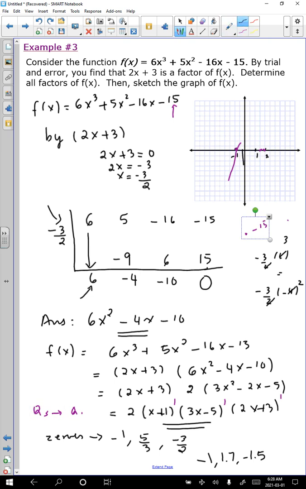So it's going to go down to negative 15, then go up, and end up here. So it's going to cross this zero, then the next zero, and then go back up. So this is a rough sketch, and put arrows at the tips.